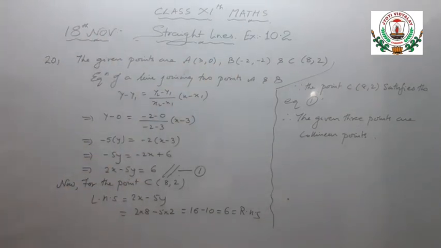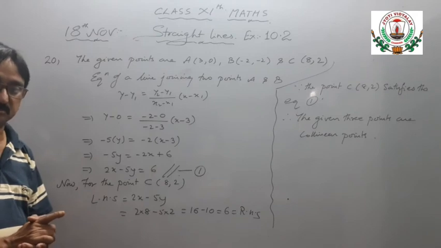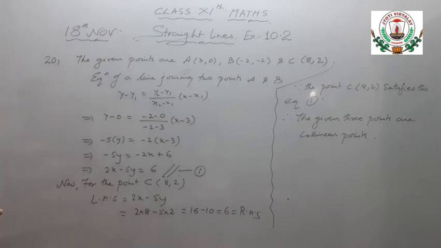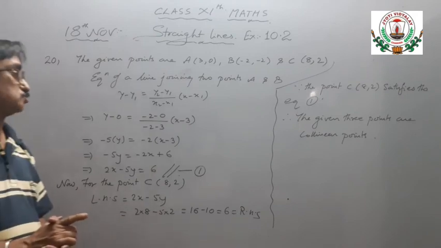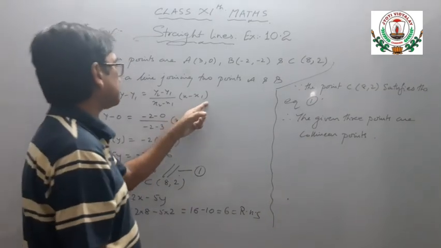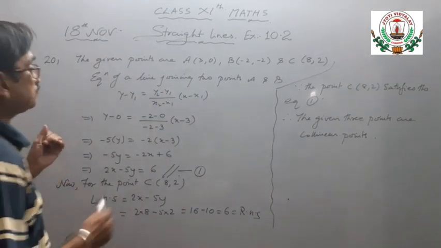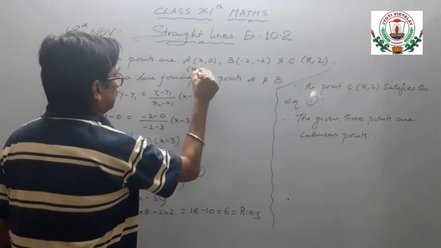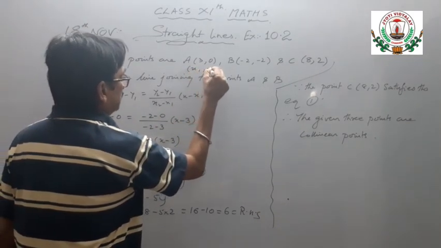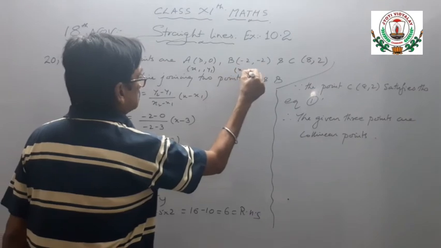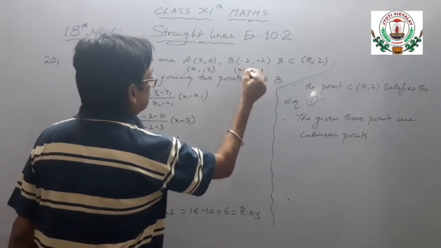So the equation of a line passing through the 2 points (x1, y1) and (x2, y2) is given by y minus y1 equals (y2 minus y1) upon (x2 minus x1) into (x minus x1). Now, as I am taking the A and B coordinates, these will be x1, y1 and x2, y2.